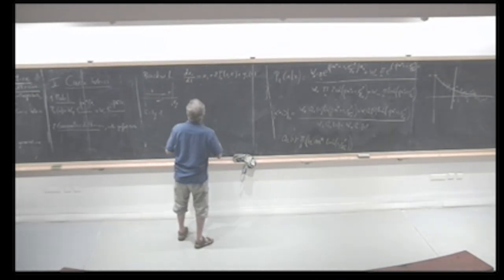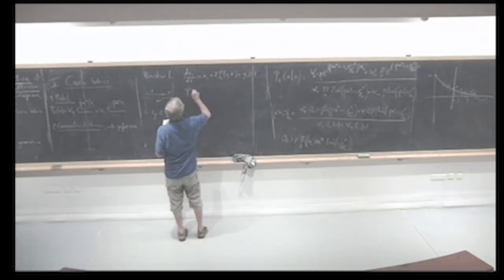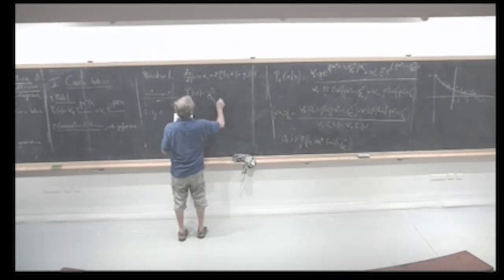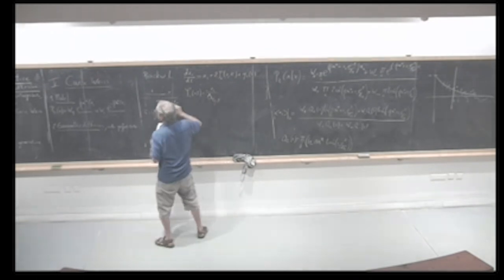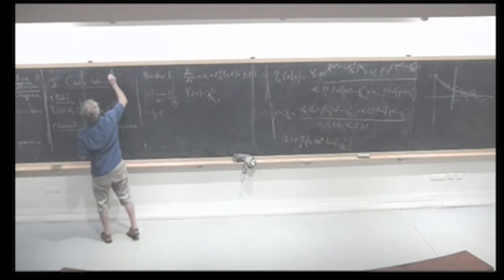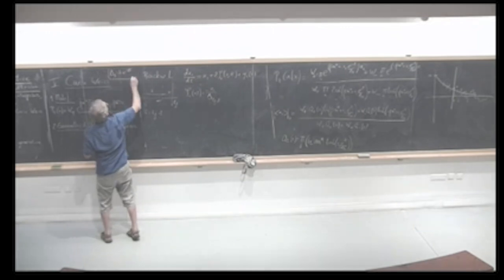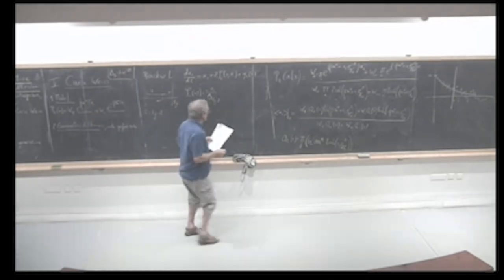What I will have is Si of x and tau is equal to minus xi over the delta, the famous delta tf minus tau. Keep that in mind.